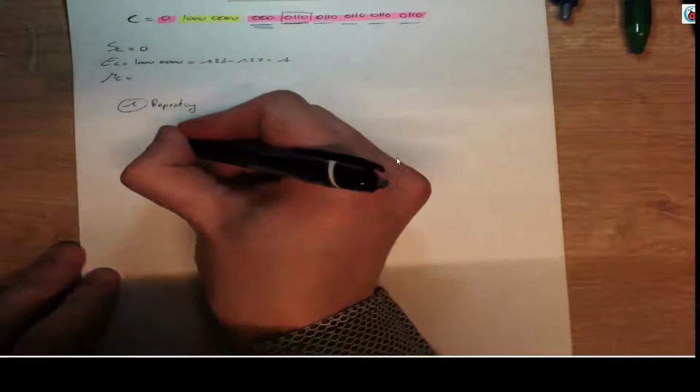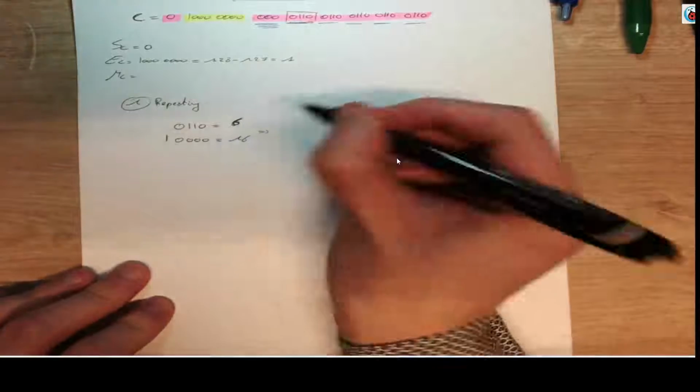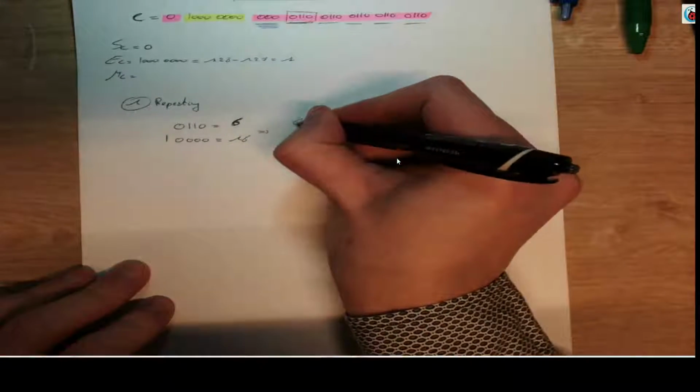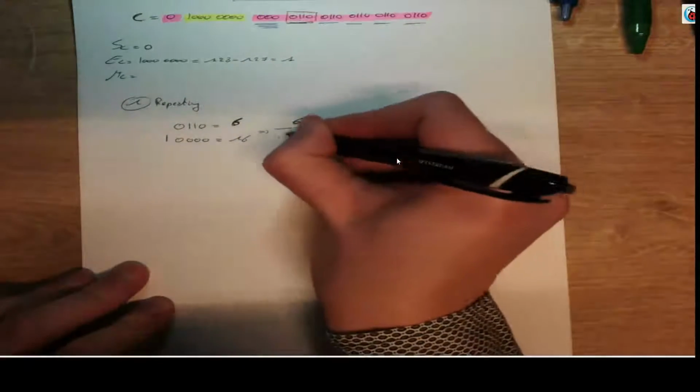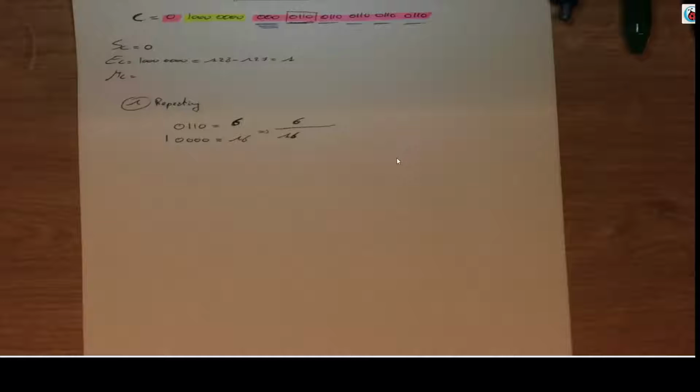In this case it is 1, 0, 0, 0, 0, which is, of course, 16. So I know these 2 values, right? What I do then is divide 6 by this value 16, but we need a few extra things in the formula.